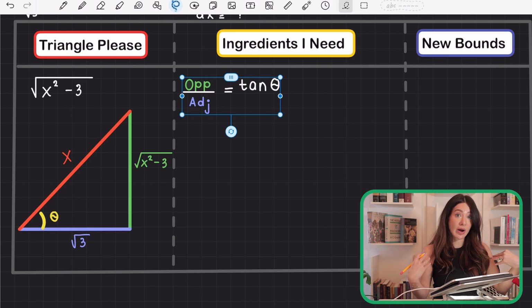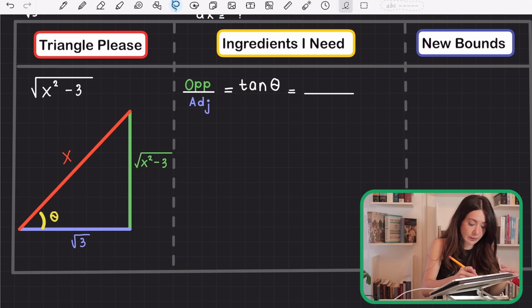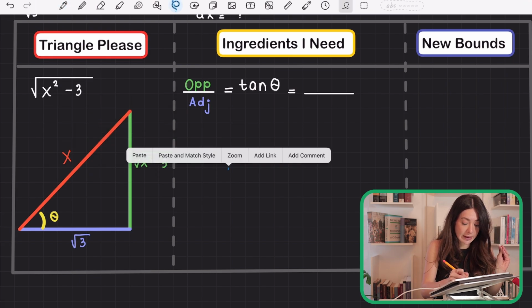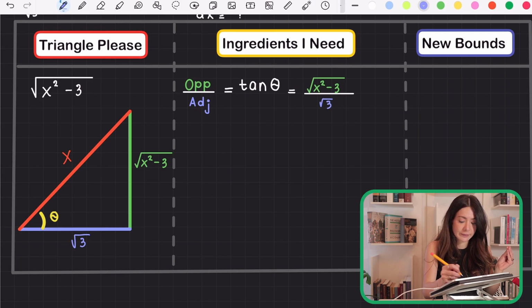In our little triangle, that is opposite, and opposite to who? Theta. If theta was here, opposite would be this side, right? So it's all relative to theta.